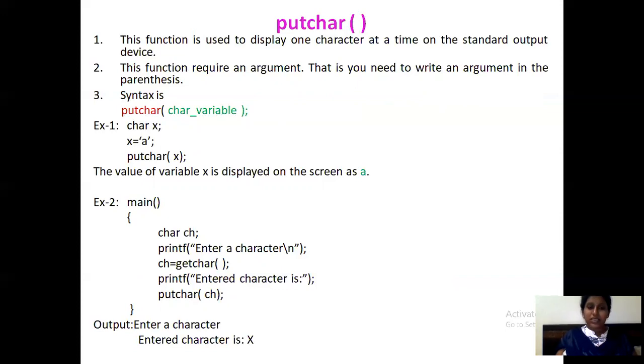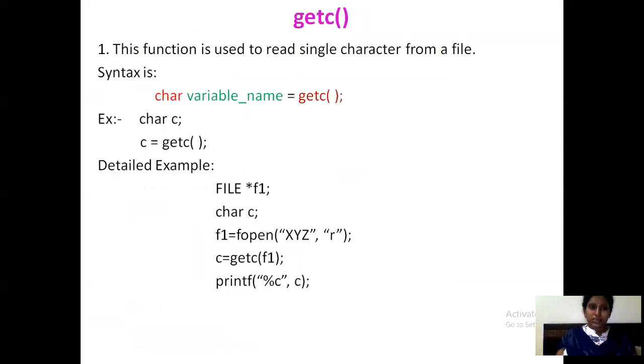You display a message called entered character is, using printf, and then show whatever character you have read on your output screen using the putchar function. You enter one character; if you enter the character x, the entered character will be shown as x on your output screen.